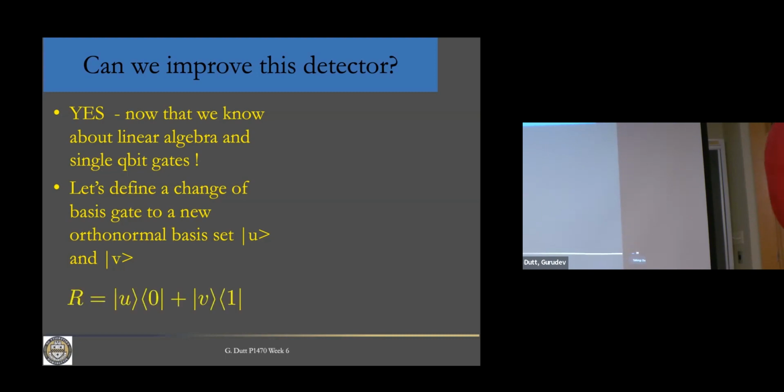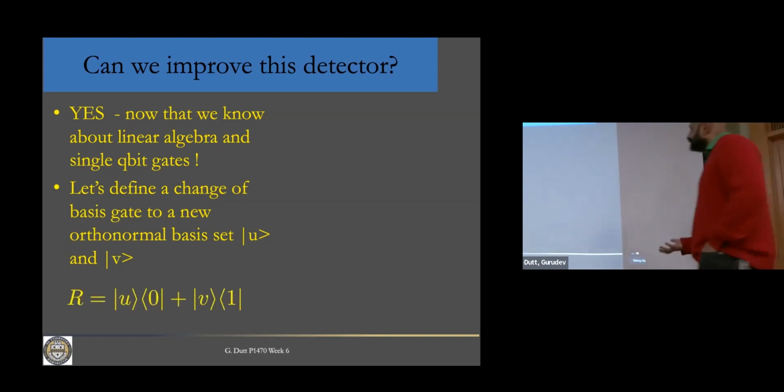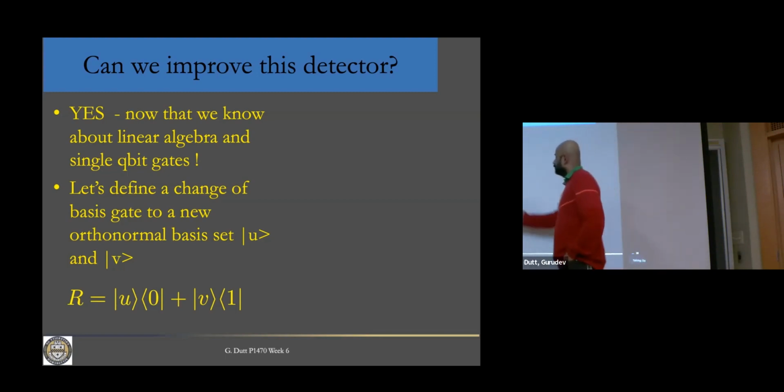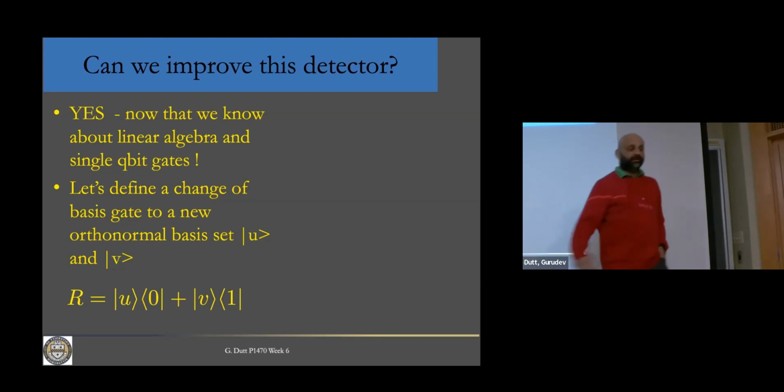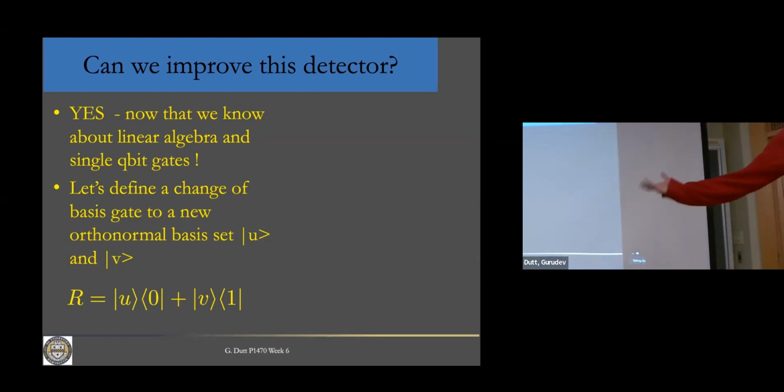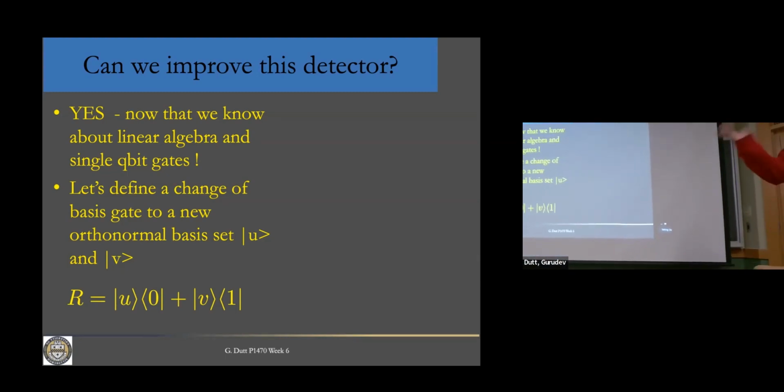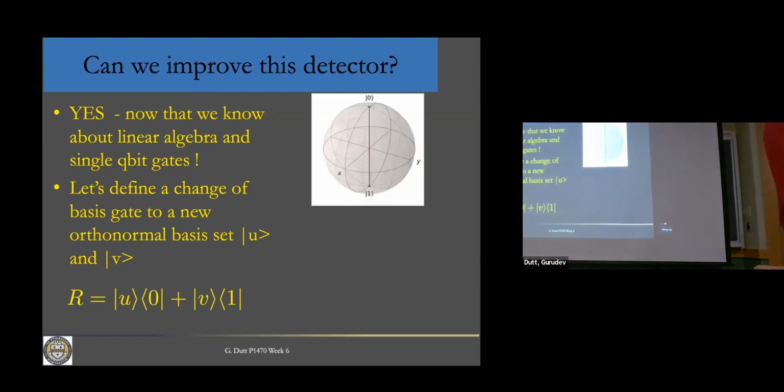Now that we know how to write the gate that transforms from one basis to another, we just write it down in one line, and you know now what that means. You can write down the linear algebra expression for it by taking the column vectors and row vectors and multiplying them.